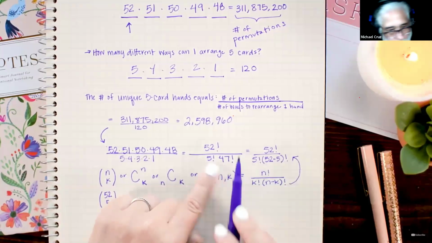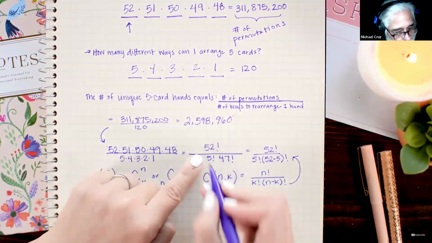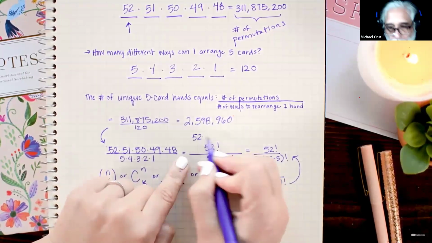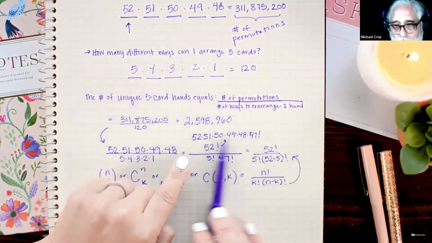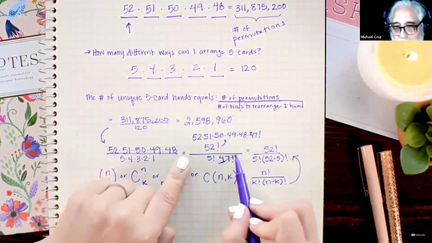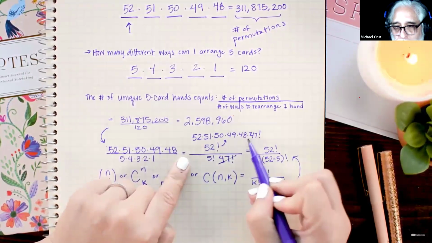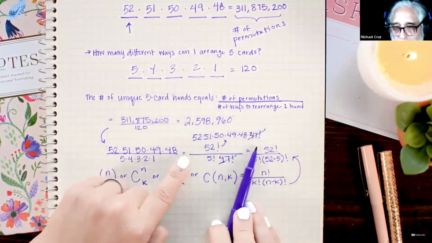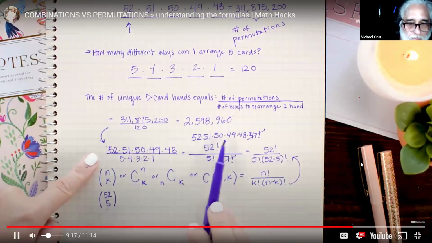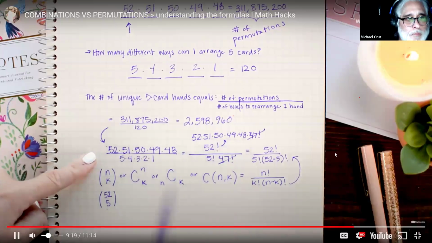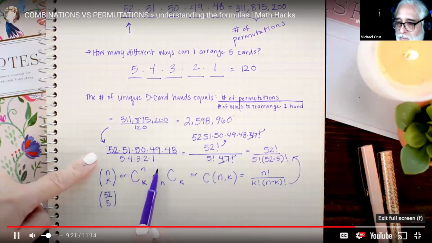And then we could rewrite 52 factorial as 52 times 51. And because everything's multiplication, this 47 factorial would cancel out with this 47 factorial, leaving us with 52 times 51 times 50 times 49 times 48 all over 5 factorial.